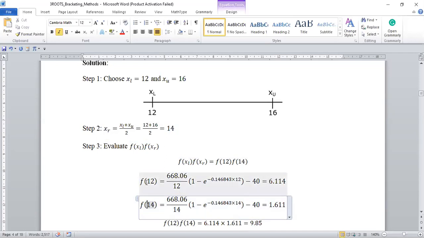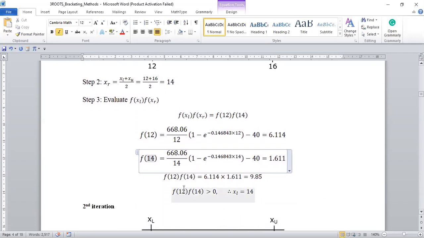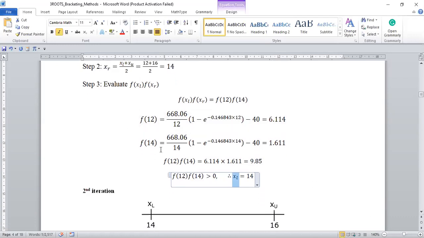So we've gotten our f(12) and f(14), the value of the function at 12 and at 14. When we multiply them together, we get a positive number. A positive number indicates that the root is in the upper subregion, so you're going to set the lower limit to be 14. This is the first iteration.